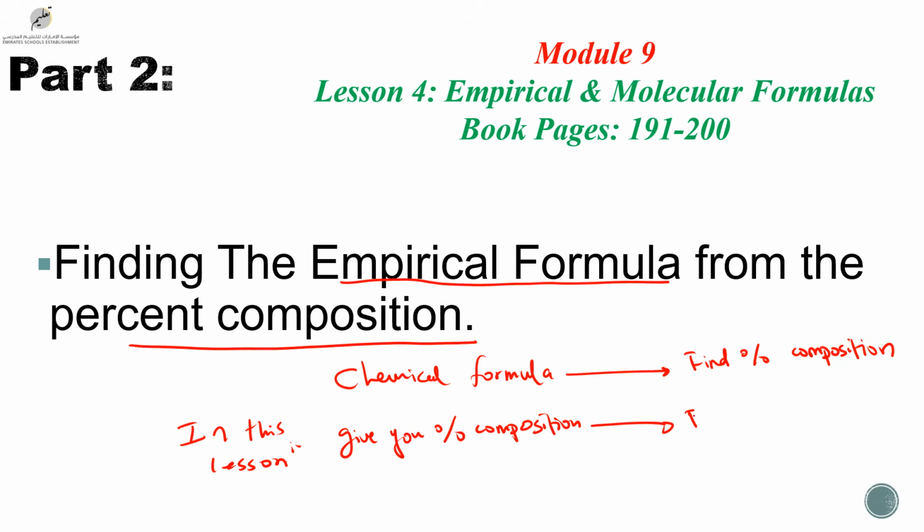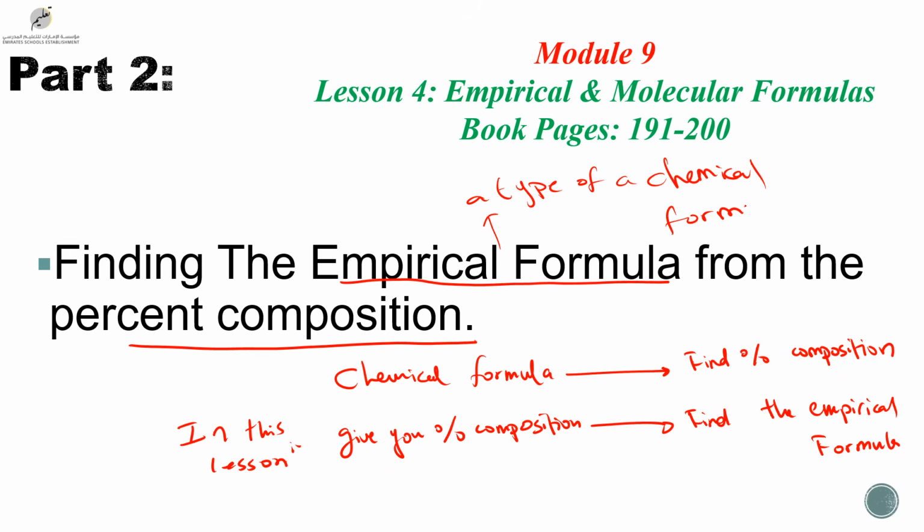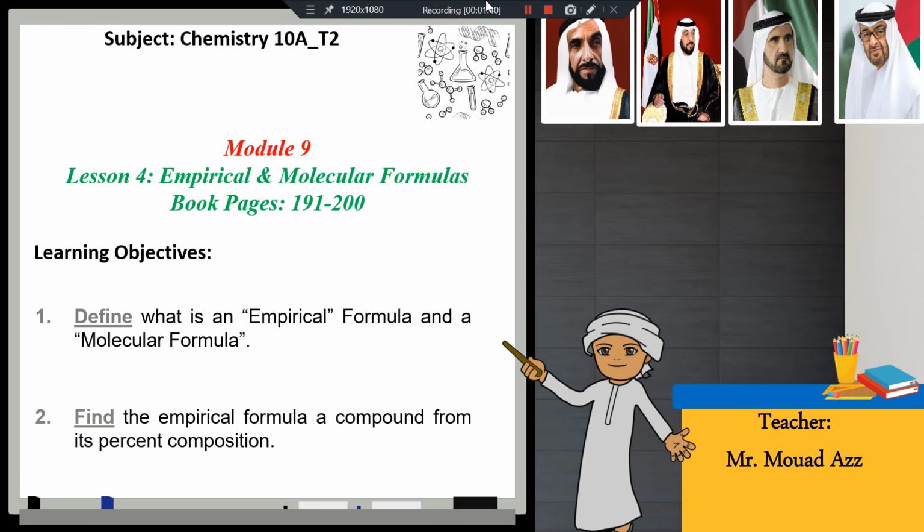And then you need to find the empirical formula. Don't worry, we will see what we mean by the empirical formula shortly, okay? But it's a type of chemical formula.